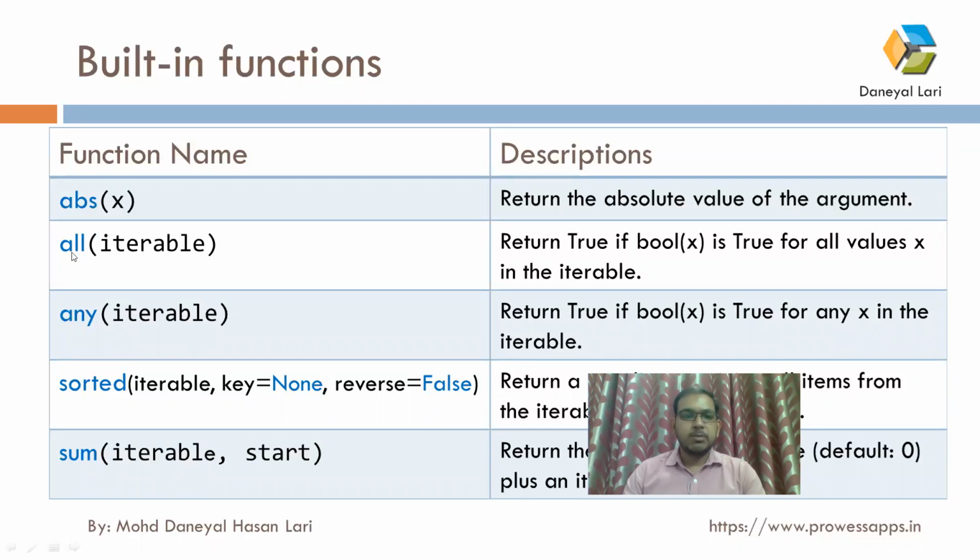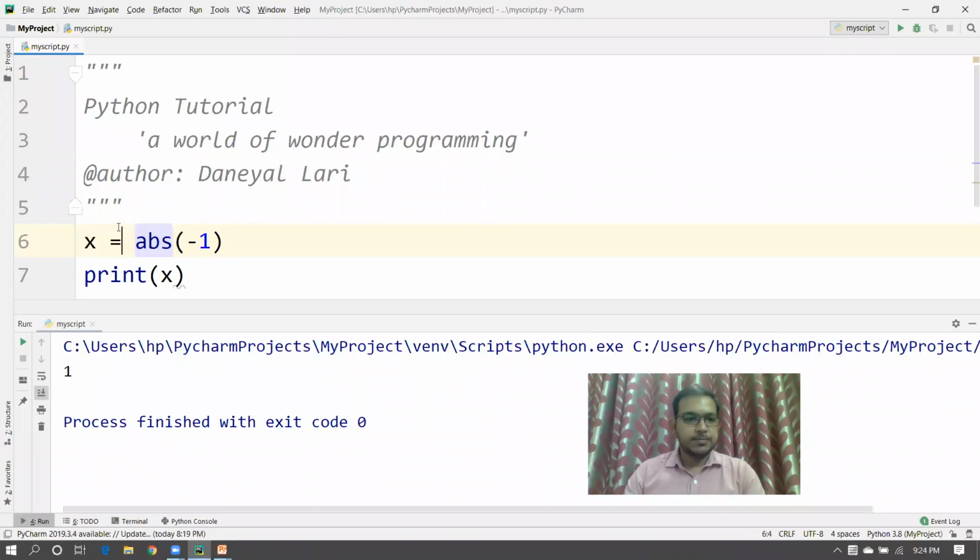What will be the return type of this? It returns either true or false. If all the elements of the iterable object are true, then it will return true. If any value is false, then it will return false. So let's see. Let's create a list, for example, 1, 2, 3, 4.